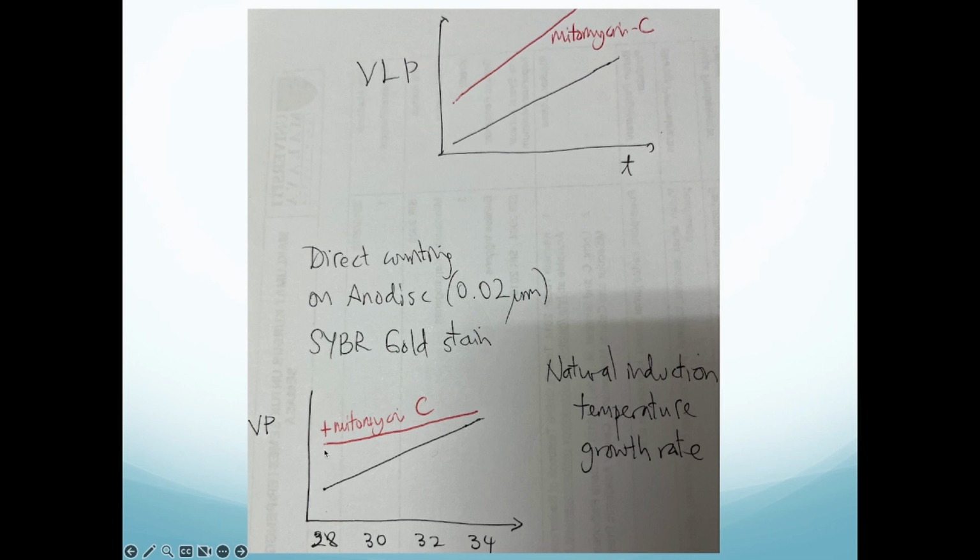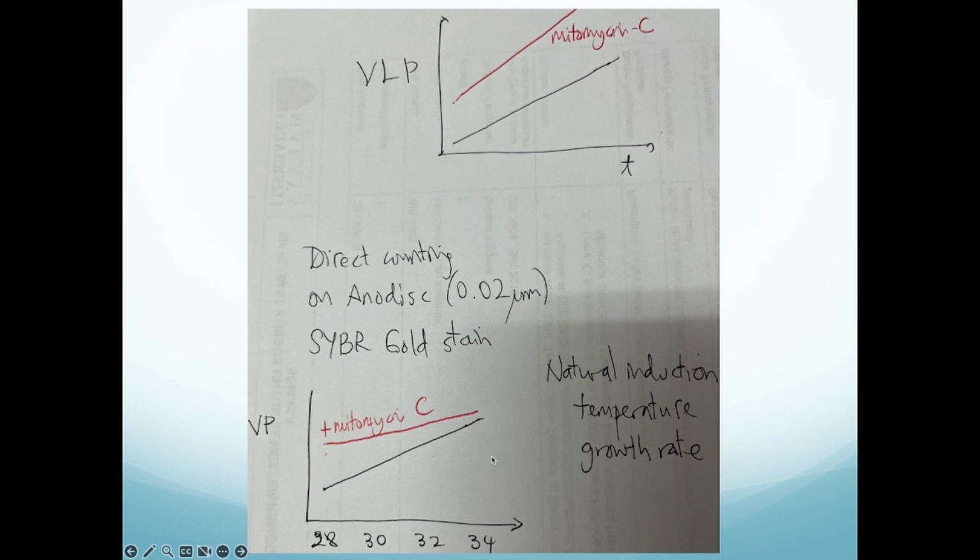Okay, so at low temperatures you can see that the gap between mitomycin C induced and control is large. However, the gap decreases with temperature. So this shows that as temperature increases, there is less lysogens, because the difference between mitomycin C induced and the control narrows.